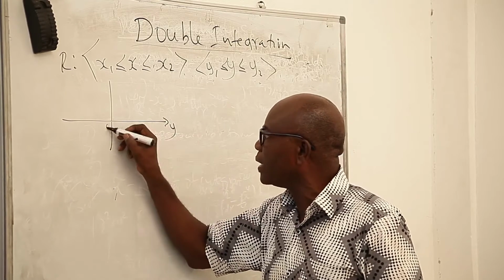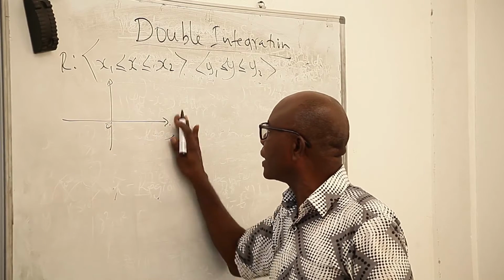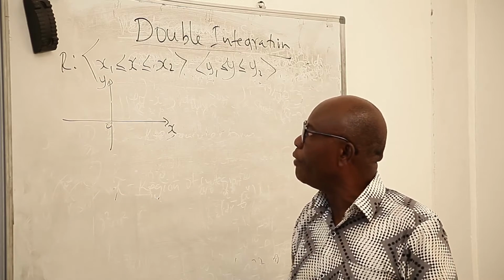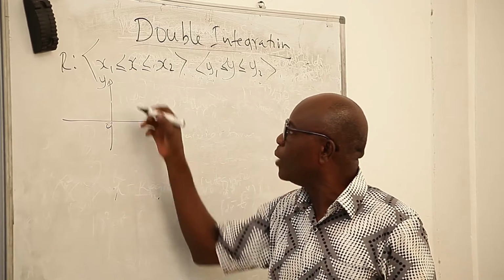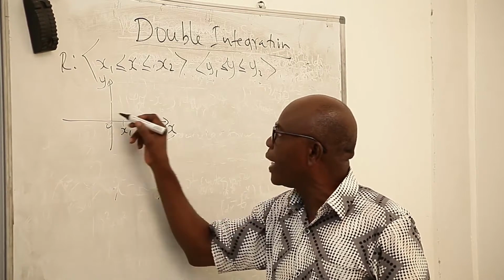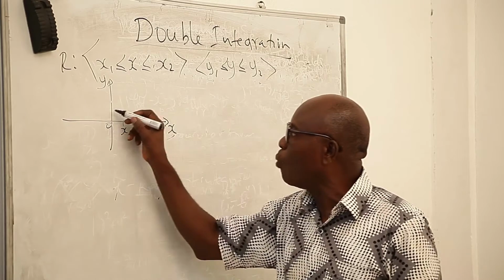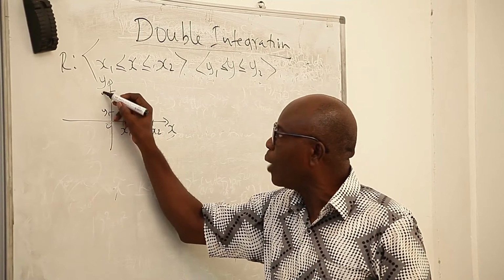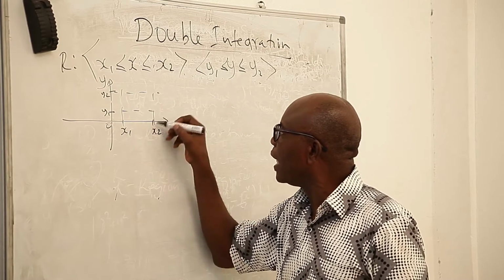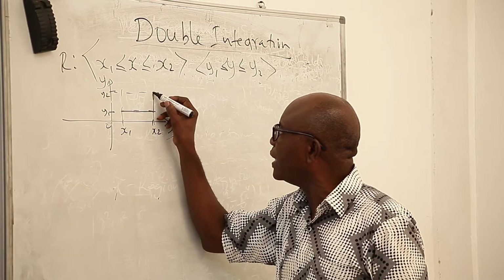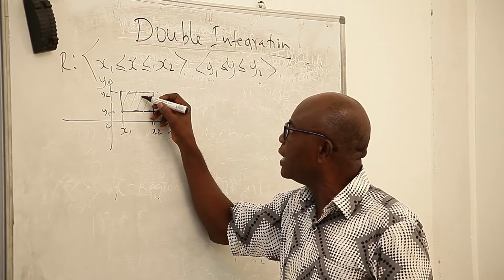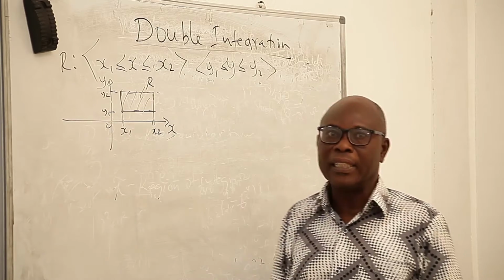This is the x-axis and this is the y-axis. Taking x between x1 and x2, and y between y1 and y2, our region of integration is of rectangular form.